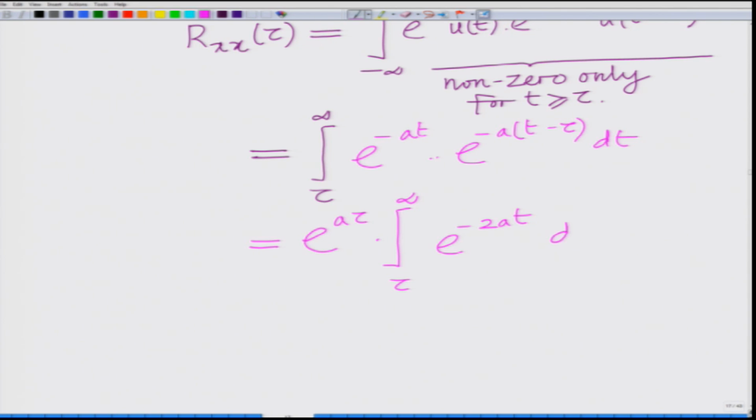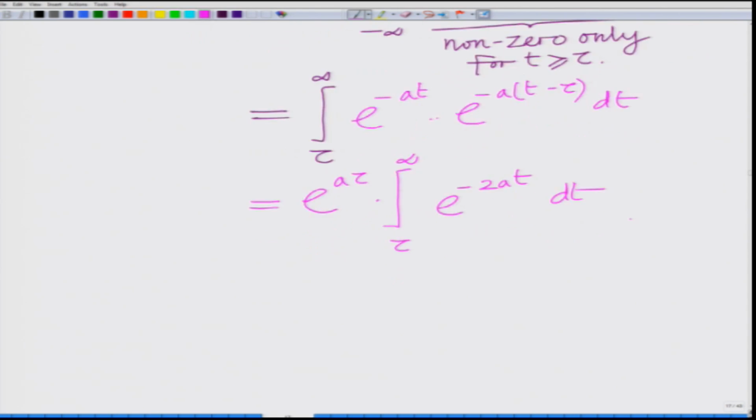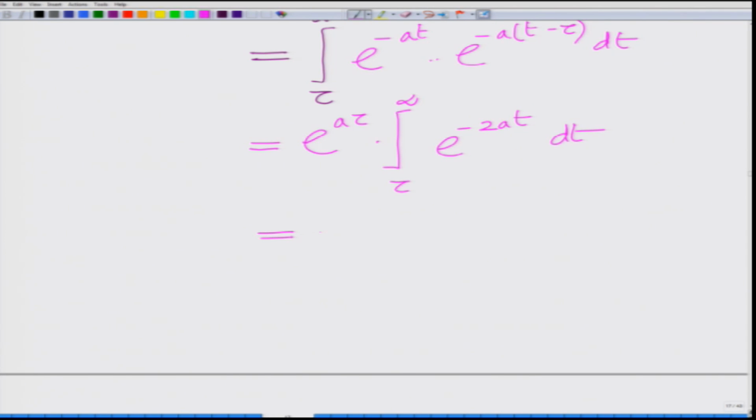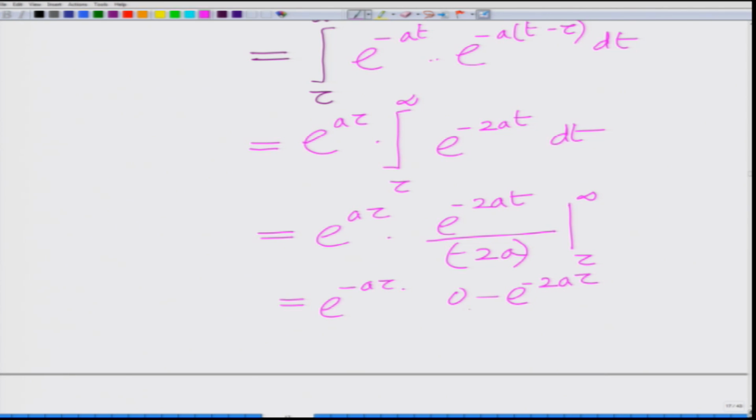So we have e to the power of a tau times the integral from tau to infinity of e to the power of minus 2a t dt, which is equal to e to the power of a tau times e to the power of minus 2a t divided by minus 2a. Substituting the limits, at t equal to infinity this is 0, minus e to the power of minus 2a tau, divided by minus 2a.